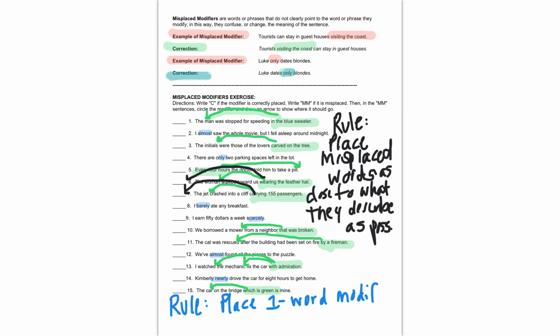And the reason for this comes in an example that we can see in this example about Luke only dating blondes at the top of the page.